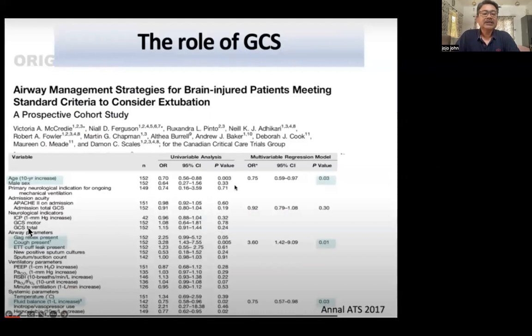Both the total GCS as well as the motor component of GCS were not significantly correlated with the success of extubation, whereas what was much more predictive was the absence of a cough reflex. Positive fluid balance, age, male sex were also associated with good success.